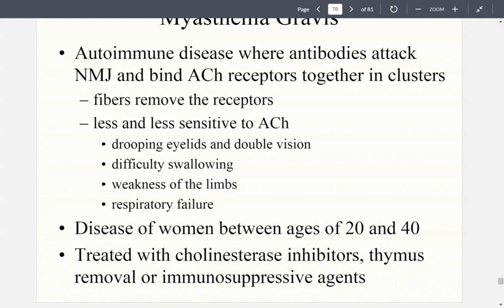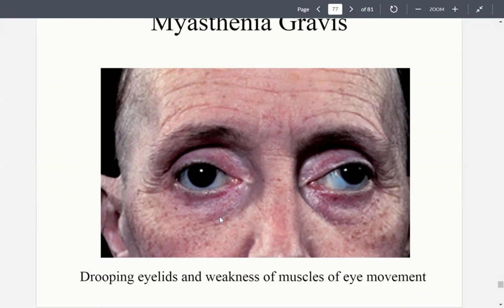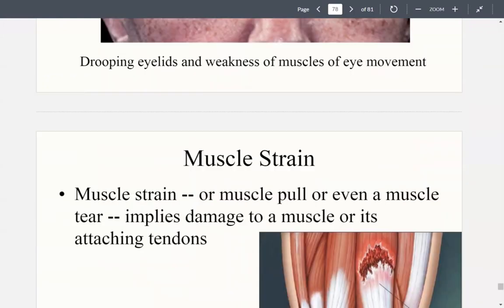Again, though, it's not a cure, but it also does leave you more susceptible to other diseases like tuberculosis, bronchitis, COVID, the flu, colds, pick a bacterial or viral-borne disease and you will be more susceptible to it. An image of those drooping eyes and the weakness in the eye movements.